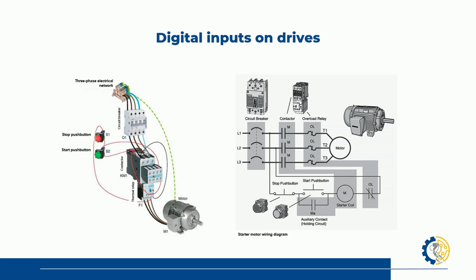Here, we are interrupting our phases. Okay? So we're going to add our stop button, which is normally closed. And as I said, it needs to be before the circuit in my start button. And this start button needs to be normally open.